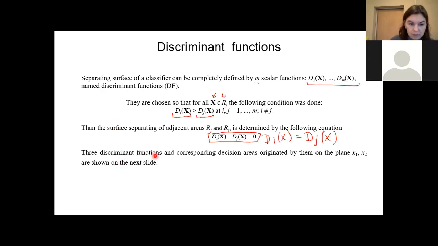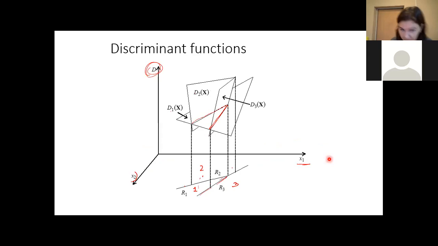So three discriminant functions and the corresponding decision areas originated by them on the plane x1 and x2 are shown here. Let's look, what do we have? This is an example.